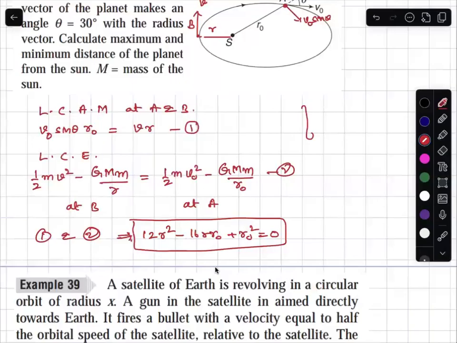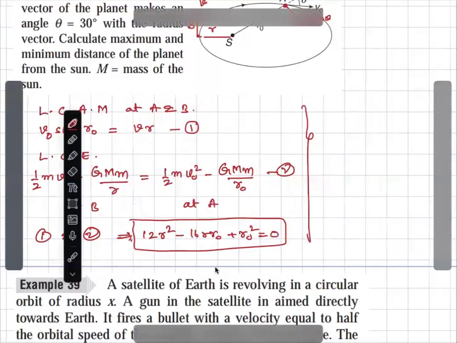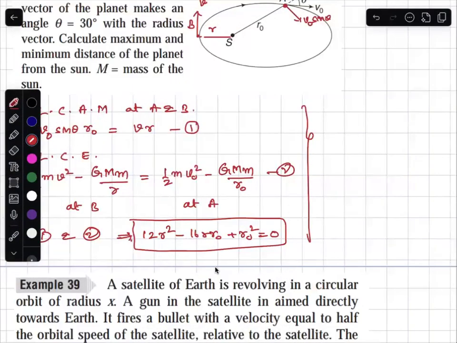Now, this quadratic equation gives you two results. R is equal to 16 R naught plus or minus root of B square, 16 square R naught square minus 4 AC, 48 R naught square, right? But how is this possible?